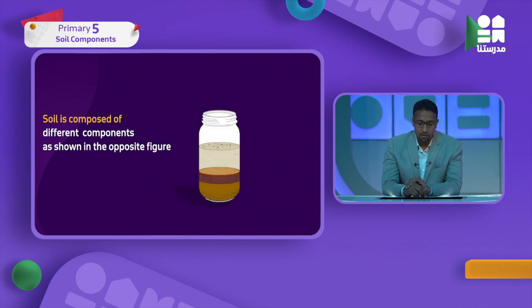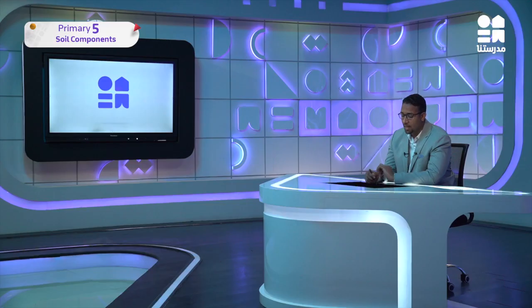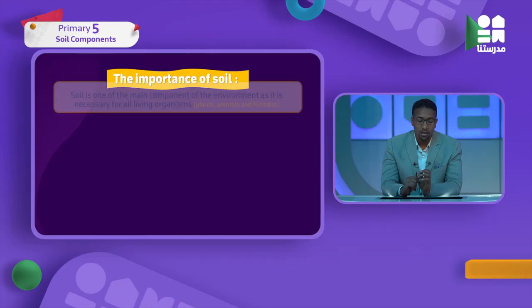Who can tell me the components of soil, as we made an activity, and with this activity we took part of the soil of the school's ground, and it is composed of, yes, the first one, humus, and after humus, particles of clay or particles of mud, and water, silt, sand or particles of sand, and the last thing which is called gravels, اللي هي الحبات الصخور الصغيرة جدا دي اسمها gravels. طيب ايه تاني؟ The importance of soil.